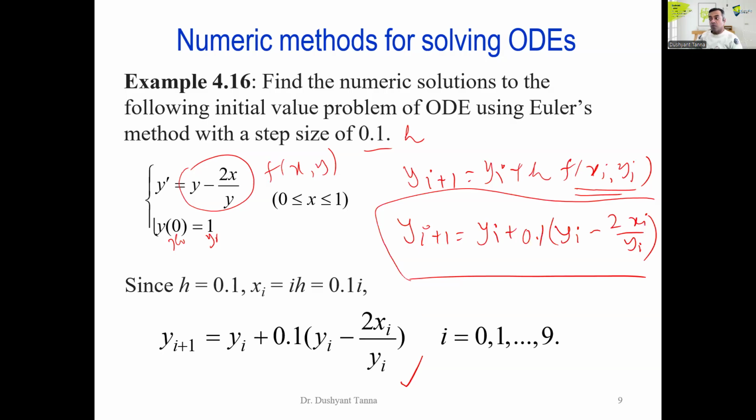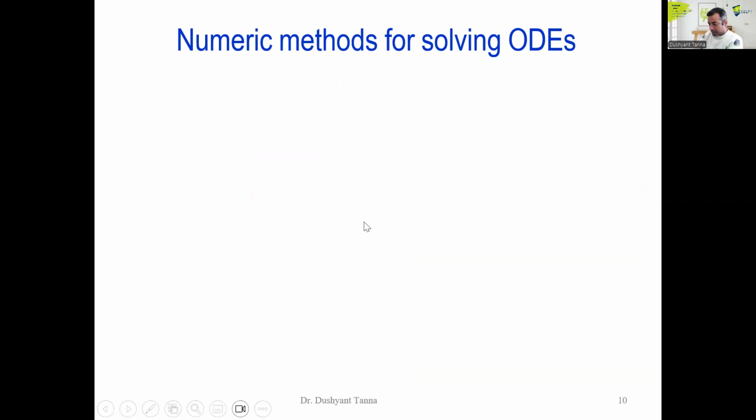We'll do one or two by hand, and then we will use Excel for the computation, so it doesn't get that bad. So if your h is 0.1, we'll have to take n equal to 10, so your i goes from 0 to 9. Let's start the first part.